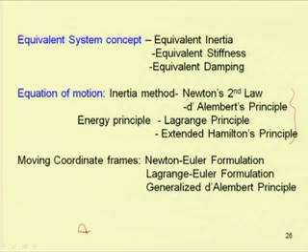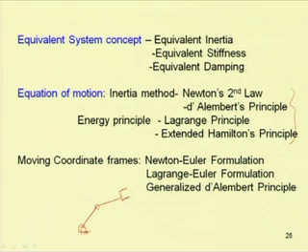Moving coordinate frame problems will come, for example, in the case of a robotic manipulator. Let us take a 2-link robotic manipulator. In this case, the end effector position and orientation can be represented with respect to the base by using different moving coordinate frames.